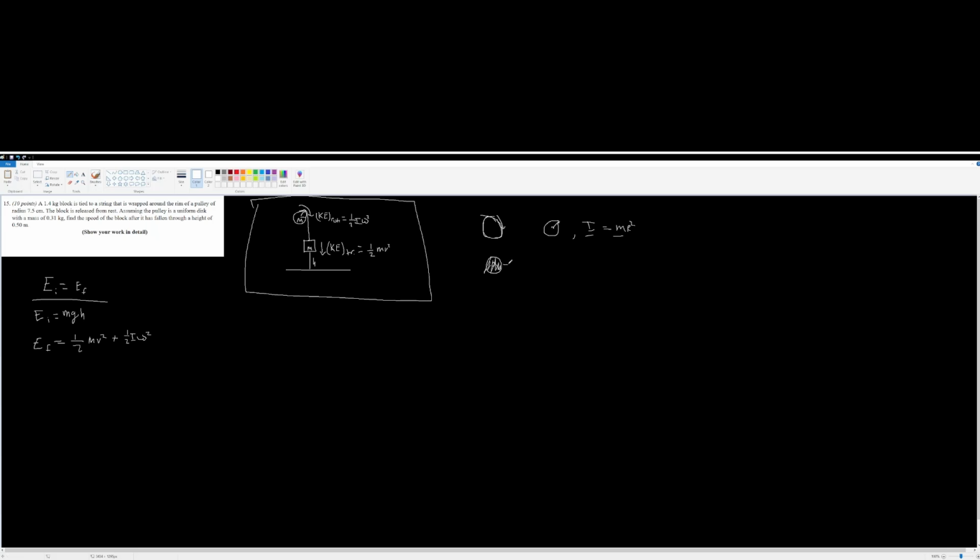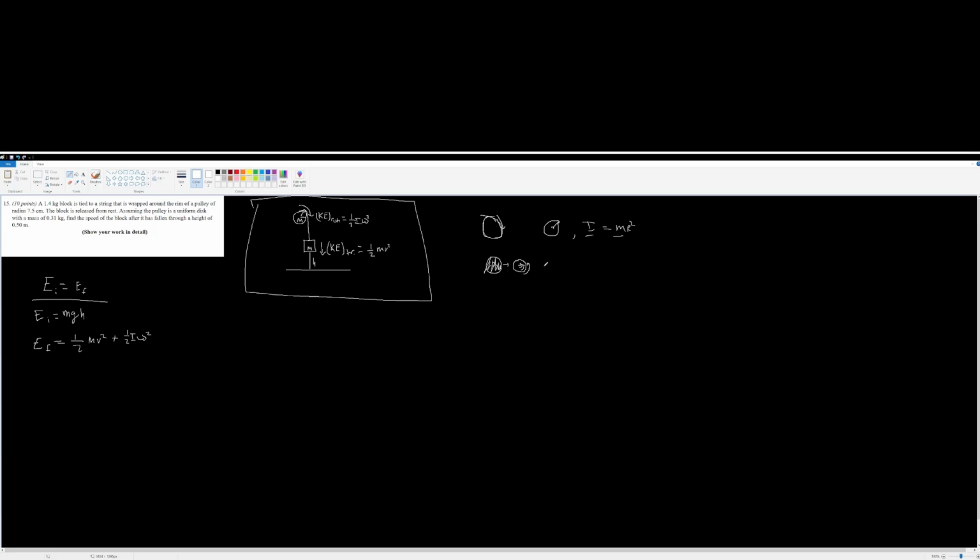This is still a solid disk here. We have mass on the rim that's rotating, mass inside that's rotating, mass in here that's rotating, mass in here that's rotating. So obviously, this number that is the equivalent to mass should go up.